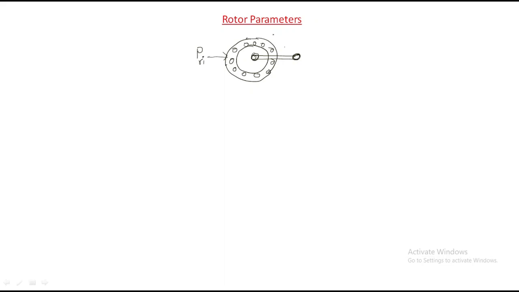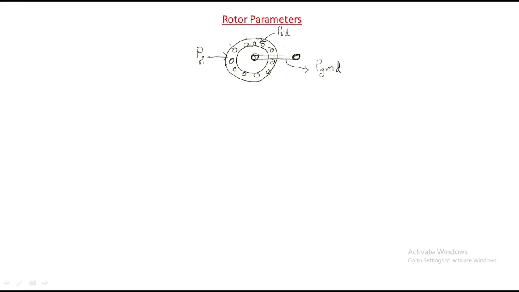It gets some loss, which we take as the rotor loss, and the remaining power is the rotor gross mechanical power developed. We can make a relation between these things.